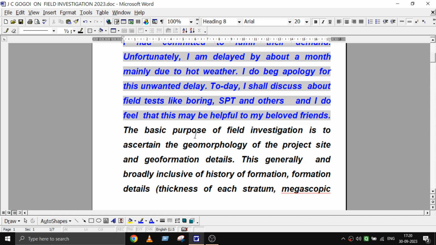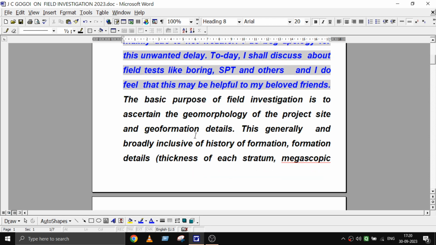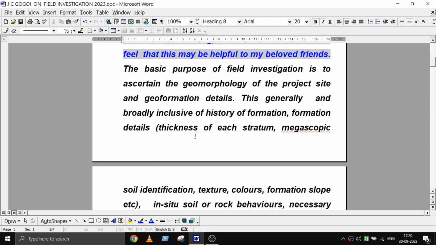Everything is very important. Further, the thickness of all strata with megascopic soil identification, its size, texture, color, formation slope, etc. are also an essential part of this investigation.